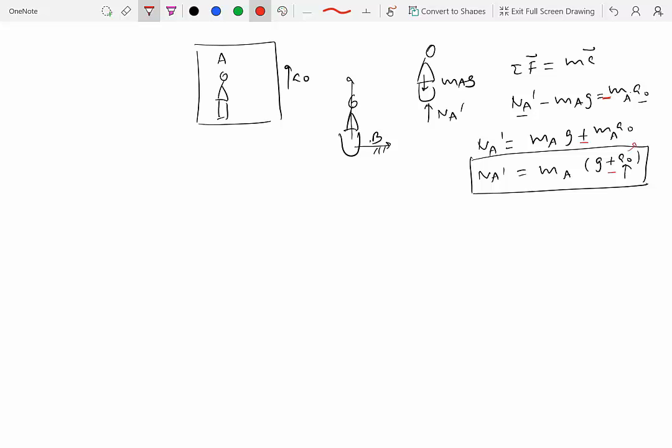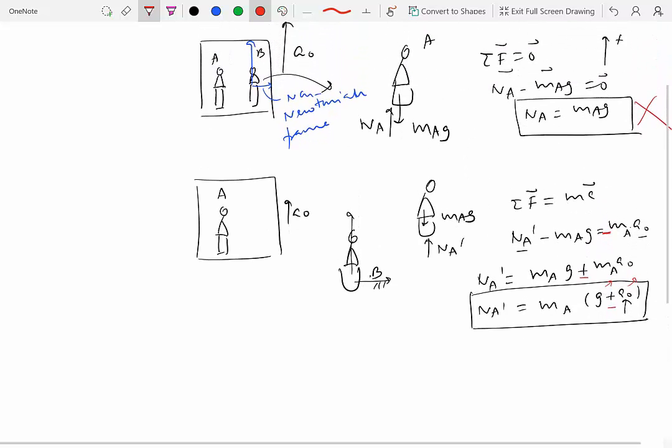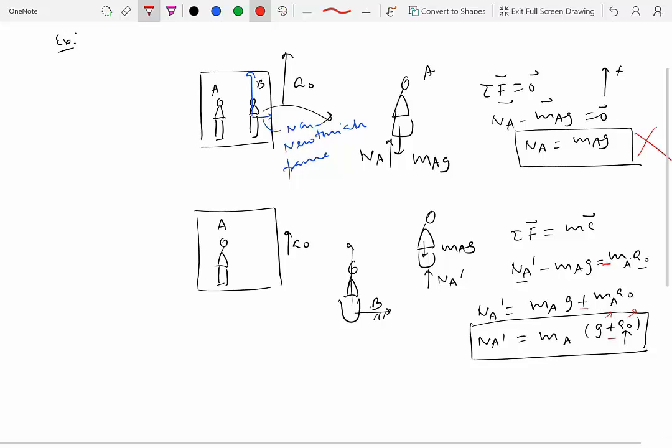And if a0 is equal to g, you will actually feel no weight whatsoever, right? And that's called basically the free fall condition, not the sort of condition that you ever want to be in when you're moving inside an elevator, right? So this simple example basically shows you that if you measure the acceleration with respect to an accelerating frame, then you will make mistakes, and that's a problem.